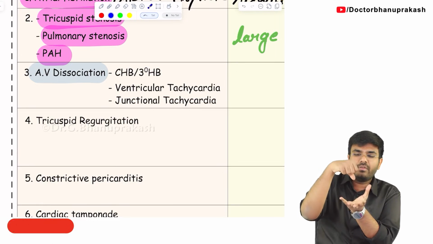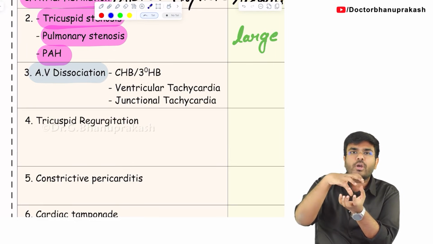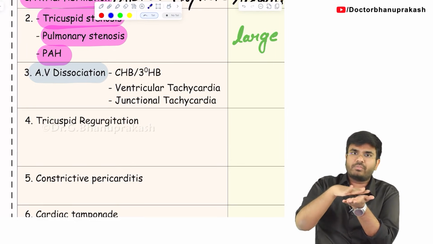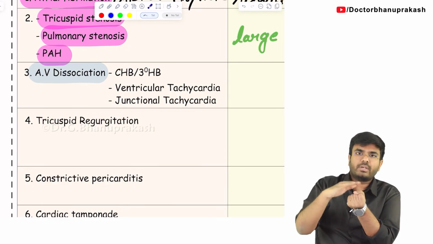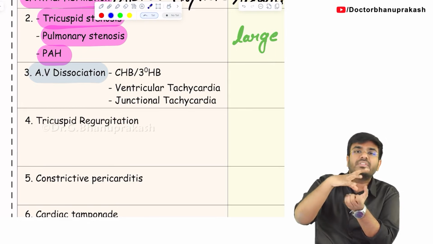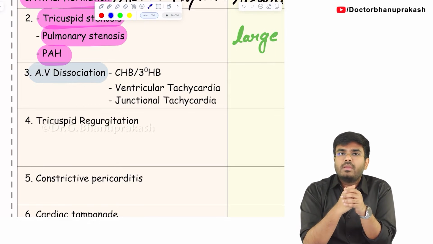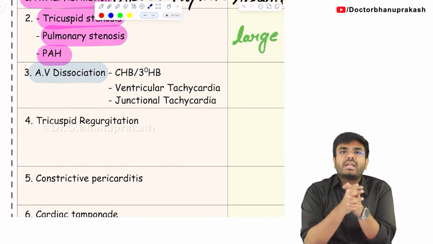Atrial contraction, ventricular contraction. But what if both atria and ventricle are contracting at the same time with a closed tricuspid valve? Because the ventricle is contracting, the tricuspid valve will be closed. So there is no coordination between them. The entire heart is contracting at the same time. So this is called atrioventricular dissociation.